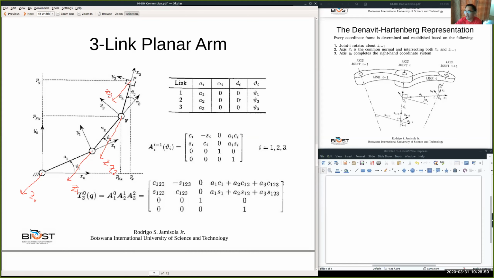Now we have already done joint i rotates about Z i minus 1 according to the DH convention. Each joint here rotates: this is theta 1, as joint 1 rotates about the Z0 axis. This is theta 2, as shown there.